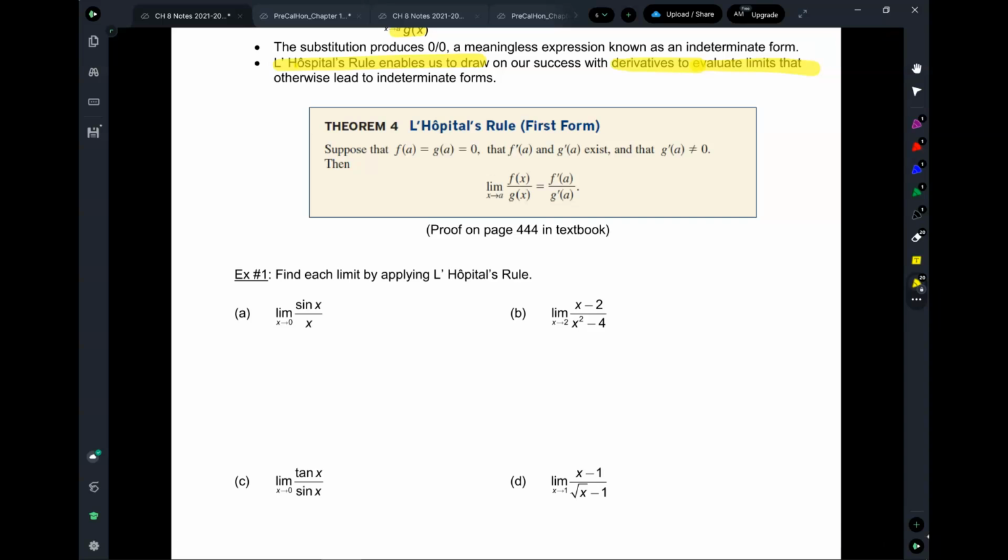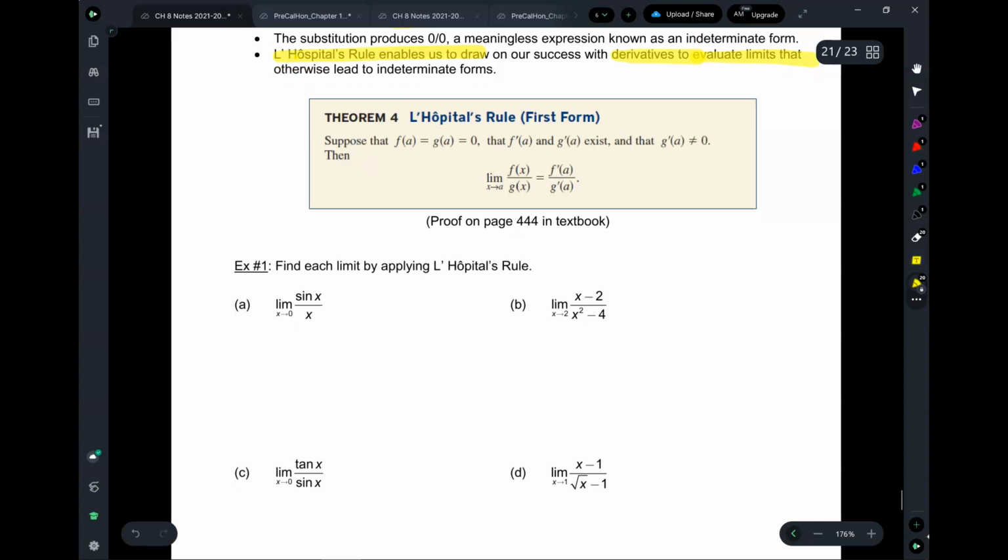So here is L'Hopital's rule. If you want to find the limit as x approaches a of f of x over g of x, and you get 0/0, this is the premise. If these are both 0, then all you need to do is take the derivative of the numerator and the derivative of the denominator.